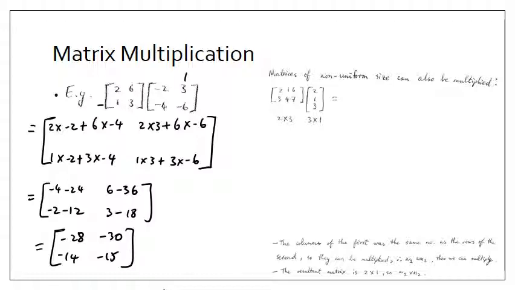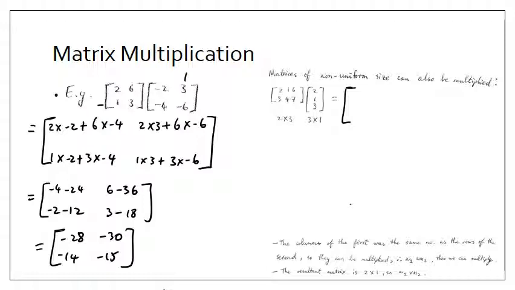Now from here you can actually skip this part if you like. I'm just letting you know that if you have matrices that are not the same size, you can also multiply them. You still do the same thing, and the way you tell what matrix you get at the end is by checking the numbers outside. So you should have 2 rows and 1 column.